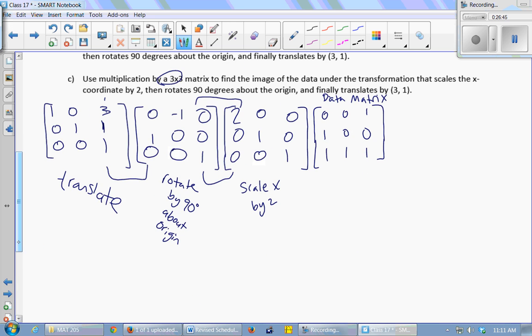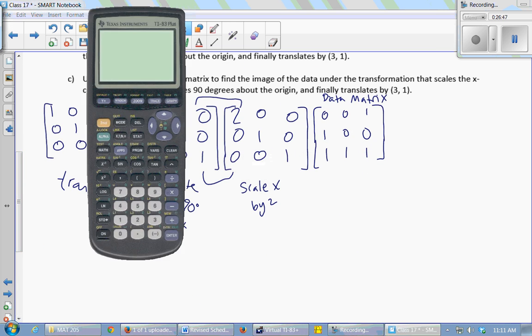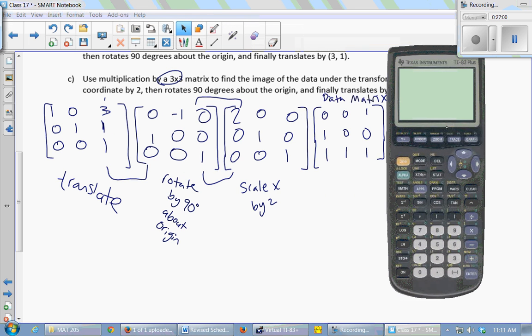So yeah, let's have the calculator do this for us. I have to put in these 3 matrices. 3 by 3: 1, 0, 3, 0, 1, 1, 0, 0, 1.